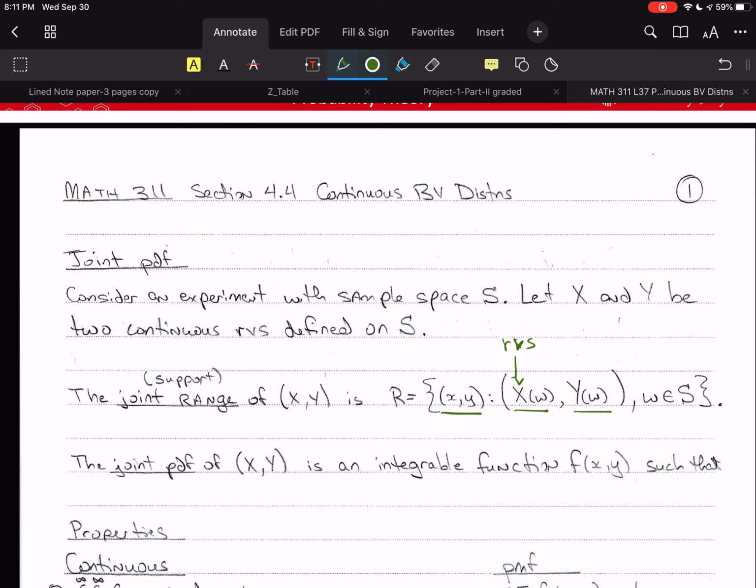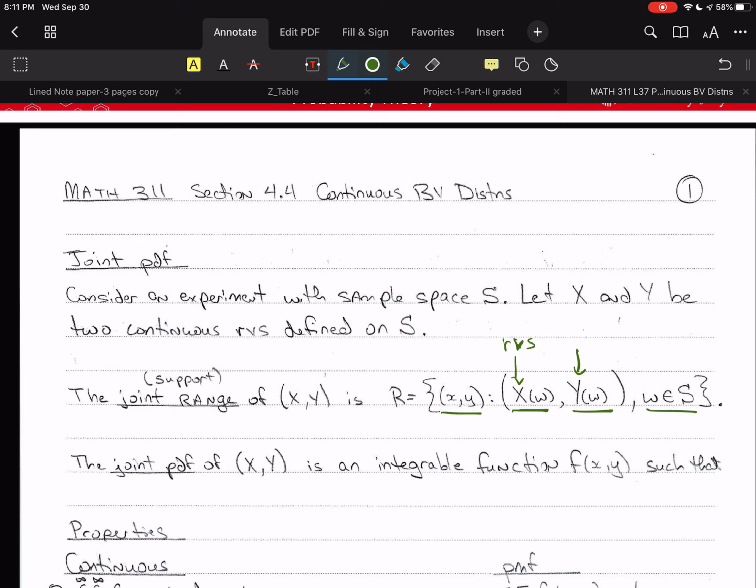But if we have something like gender, then we will have to take that name, male, female, and translate that to a number. That is what a random variable does, just as a reminder. So we have the point (x of w, y of w), where w is in S. And so this is the joint range.